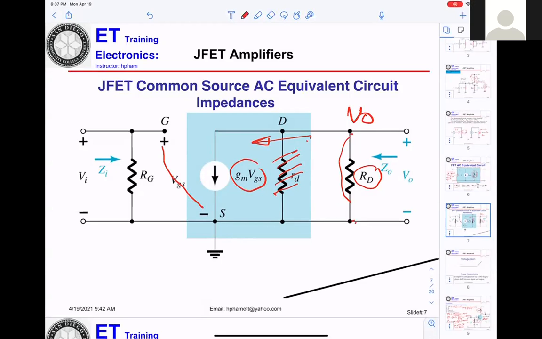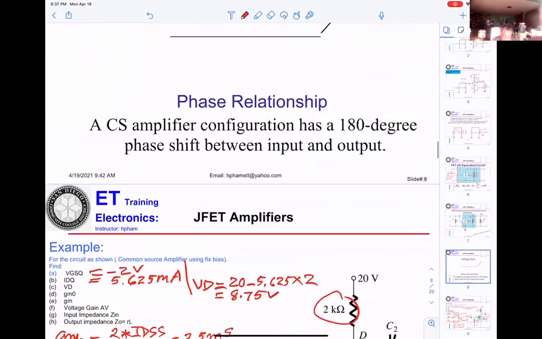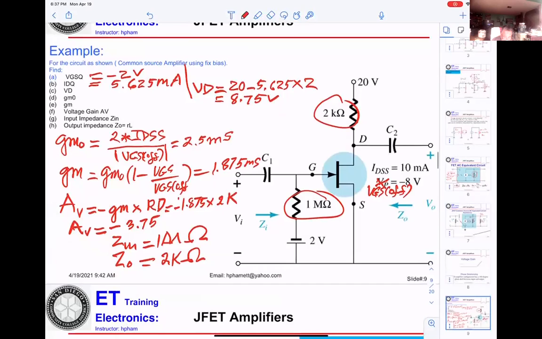And the GM, what do you calculate for the GM? You get a minus right here. So minus GM times RD, that's why you get a negative voltage.